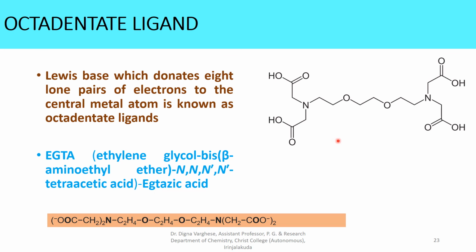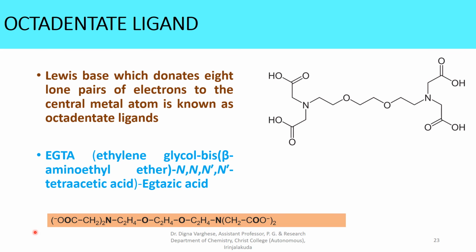EGTA has also been used experimentally for the treatment of animals with cerium poisoning and for the separation of thorium from the mineral monazite. It acts as a chelating ligand like EDTA.